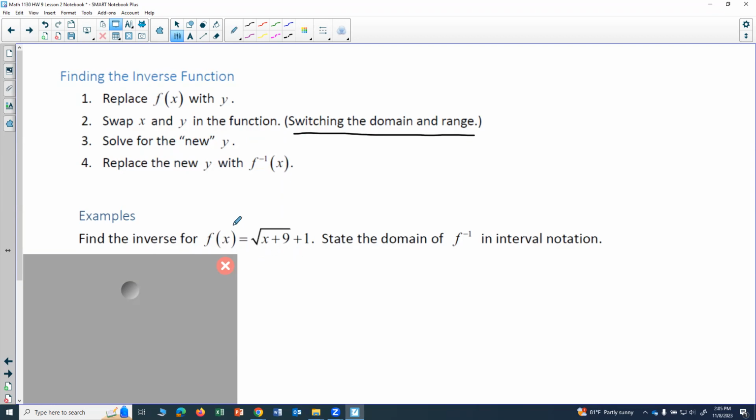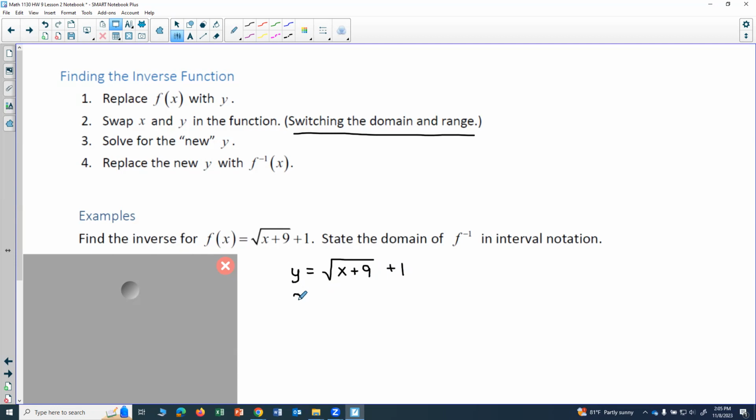So let's follow these steps using the example f of x equals square root of (x plus 9) plus 1. So the first step is rewrite the function with y and x. So I have y equals the square root of (x plus 9) plus 1.